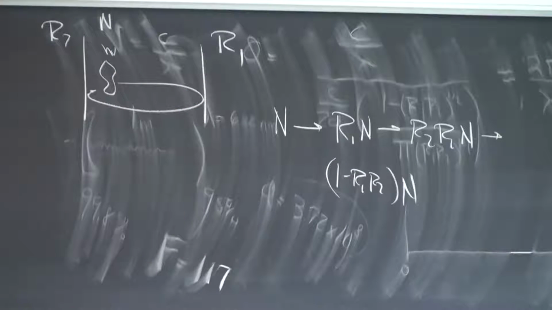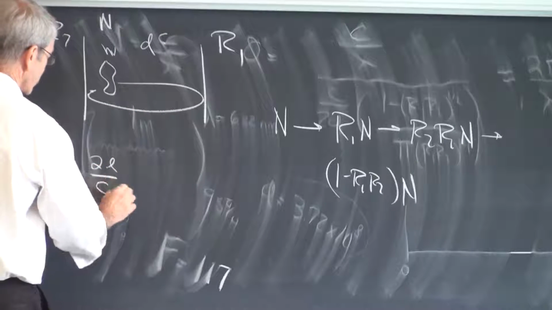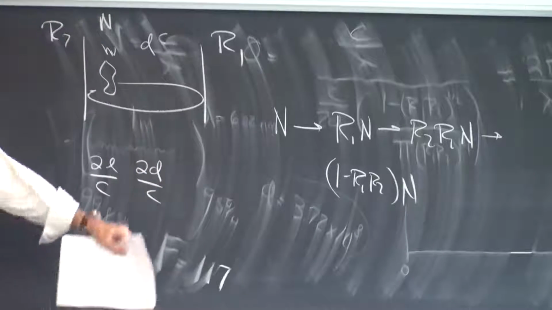So I've got a dN. I want to calculate dN/dt. How fast are these leaving? So what was my time? How long did it take to do a round trip? So I know the length. I know the speed of light. So it turns out if this has a distance d, then it's 2L over c, or 2d over c. It's 1 over the FSR, it turns out.